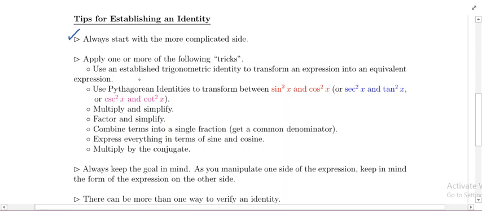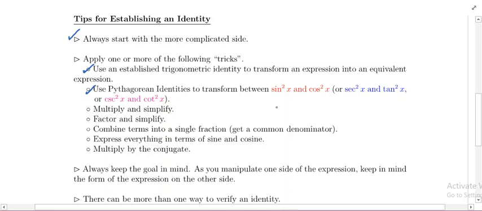Use an established trigonometric identity to transform an expression into an equivalent one. Again, use some trig identity that you already know. For example, it says use the Pythagorean identities to transform between sine squared x and cosine squared x.